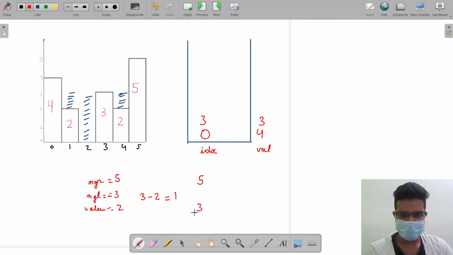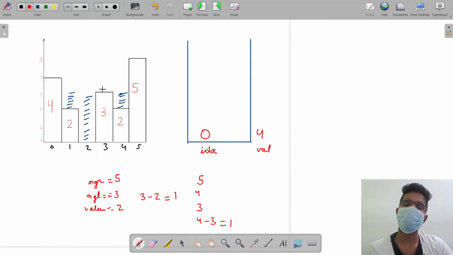Our value is 3. We are going to pop 3. And the next greater left is the top element of the stack, that is 4. So 4 minus 3 equals 1. So we are going to store 1 here for 3. Let me use the blue pen.